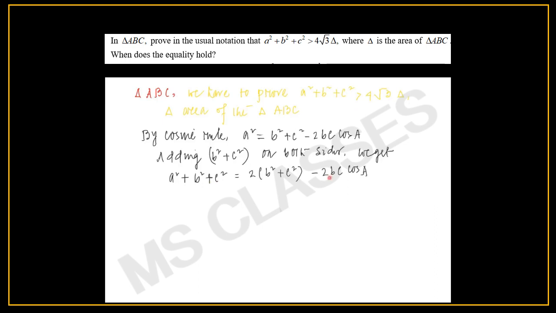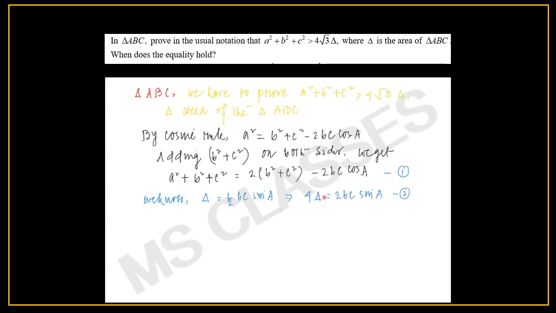Now we make this as equation 1, and now we try to get the other, that is the area of the triangle. Now what do we know? We know the area of the triangle can be written as half bc sine A. So from here we can write 2 times the area is bc sine A. Now we have to show that this one is greater than this one.